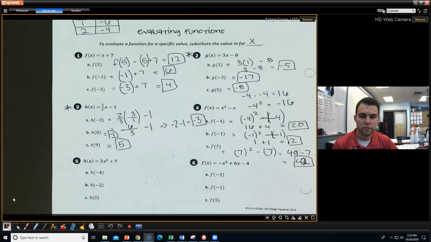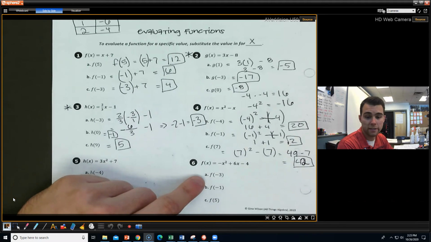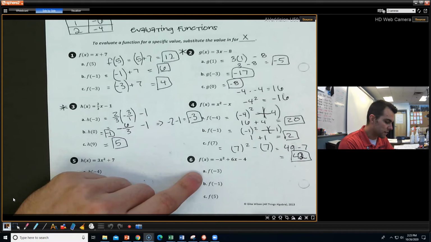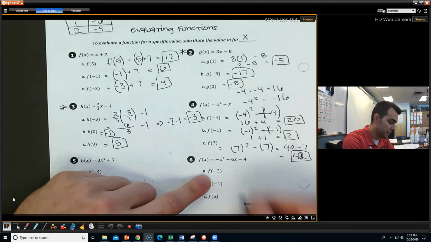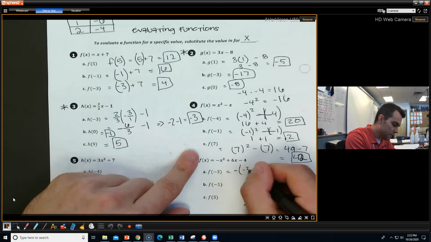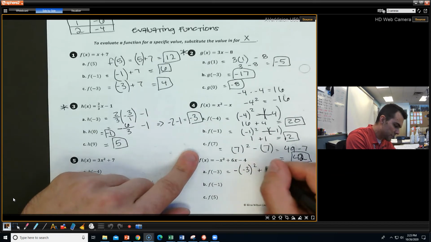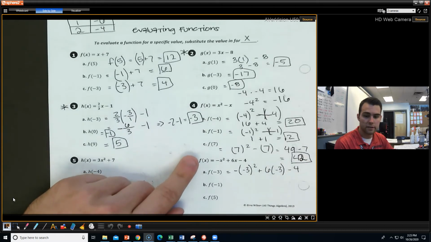All right, so let's run through number 6 a little bit. Number 6, I'm only going to do part A, okay? So again, f of negative 3, I'm going to plug negative 3 in for every instance of x. And just like I did up here, I'm going to plug it in parentheses. So this equals negative 3 squared plus 6 times negative 3 minus 4, okay?